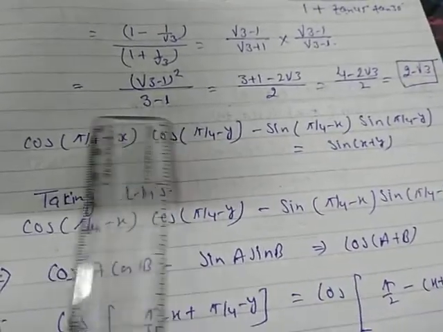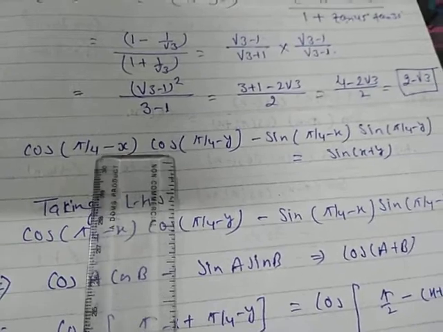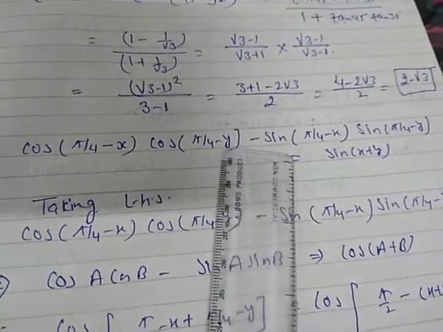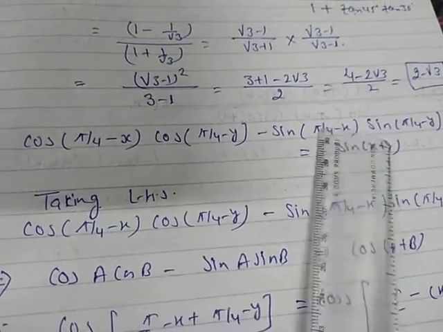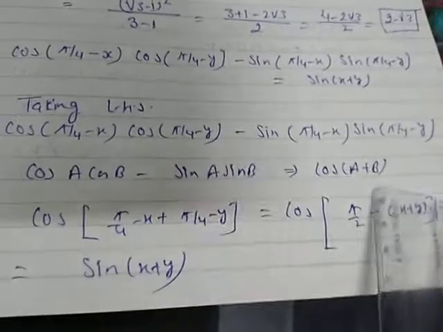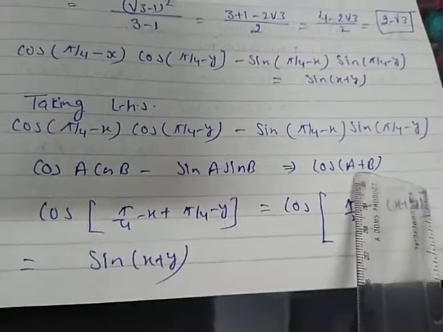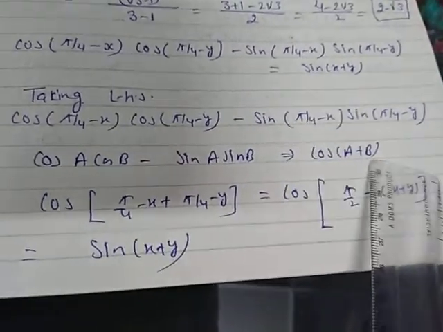In place of A, pi by 4 minus x is there. In place of B, pi by 4 minus y is there. Then cos A cos B minus sin A sin B will be cos(A plus B), because here it is minus, then the formula is cos(A plus B). In place of A, what is the value of the angle?